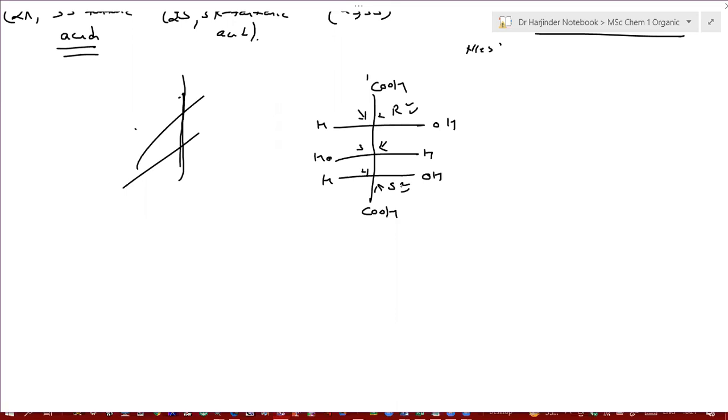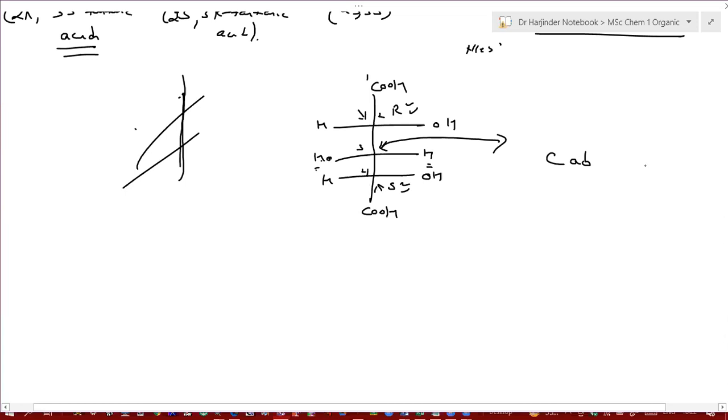Here you have a situation. You have this carbon, and to this carbon two different groups are attached, say A and B, and then two groups with different configurations are attached.